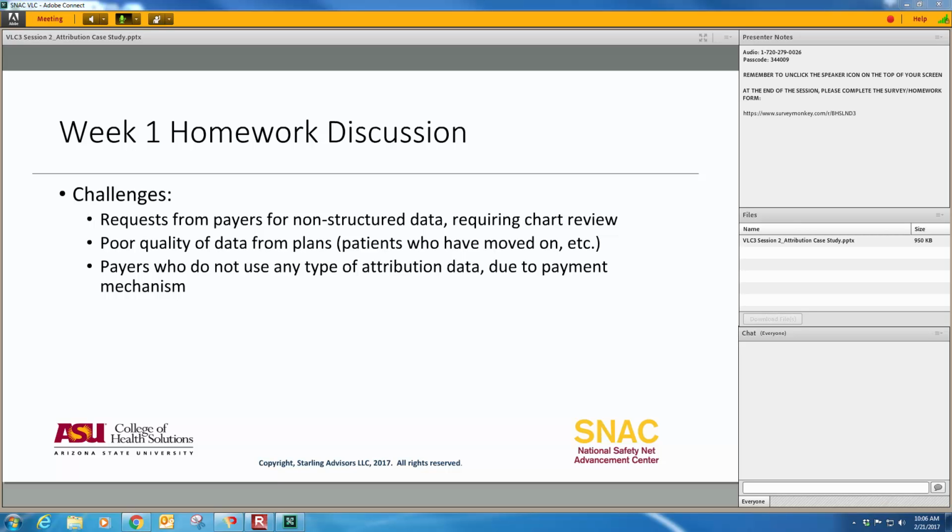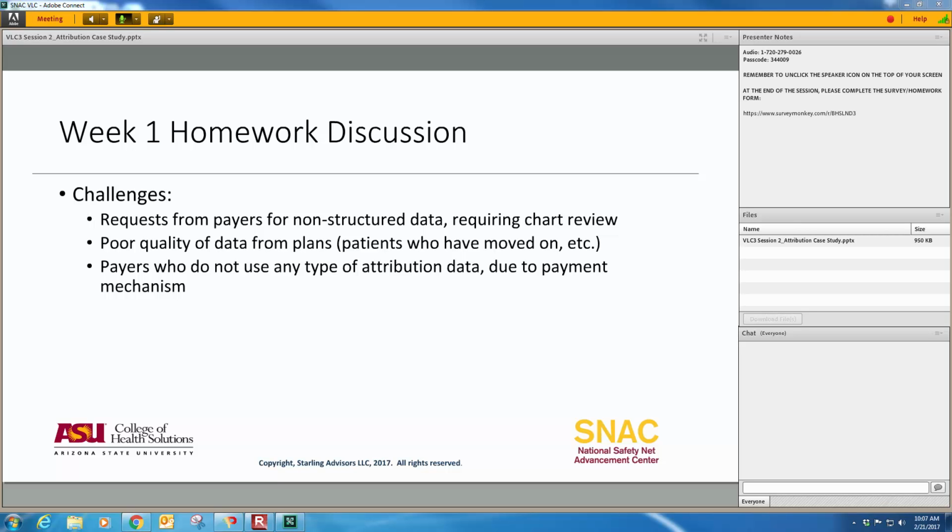Many payers also don't have any type of mechanism for attribution data. In most cases, those are situations where the payment mechanism isn't necessarily dependent on making a linkage to a provider. And I think that'll be very likely true, especially for our folks in the oral health world.